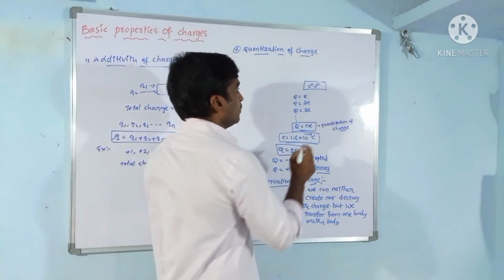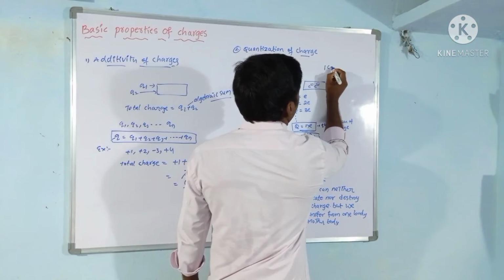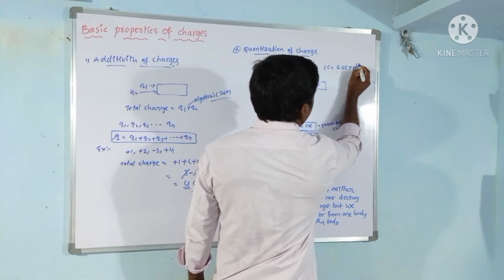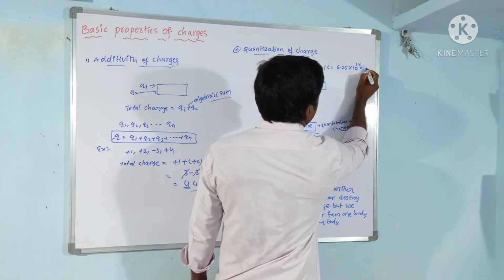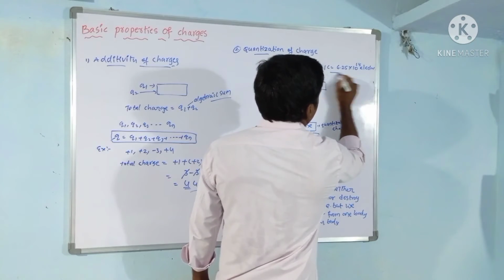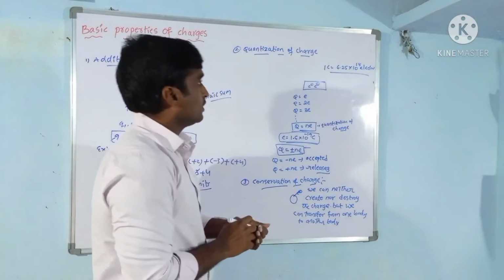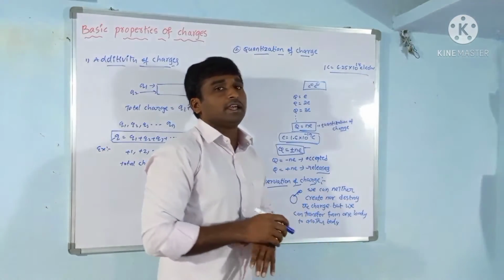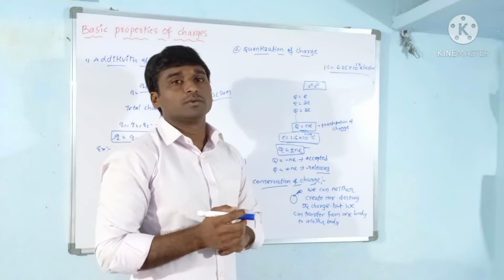One coulomb is equal to how many electrons? 1 coulomb is equal to 6.25 into 10 to the power of 18 electrons.